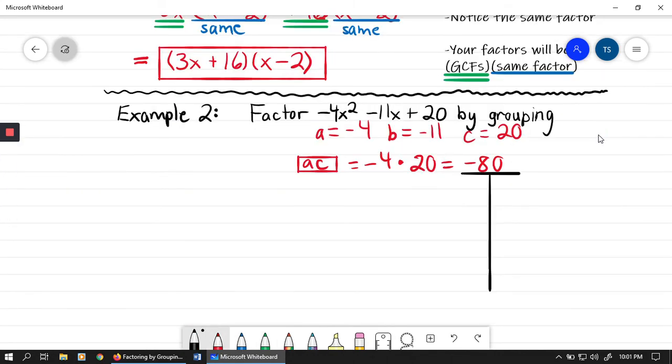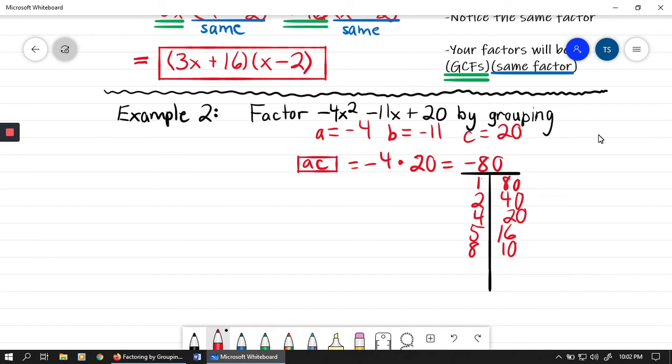Okay, factors of 80 are 1 and 80, 2 and 40, 4 and 20, 5 and 16, 8 and 10.